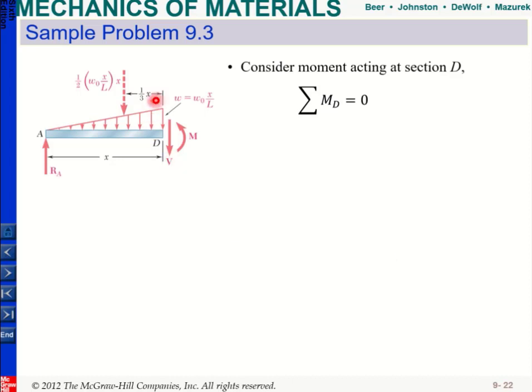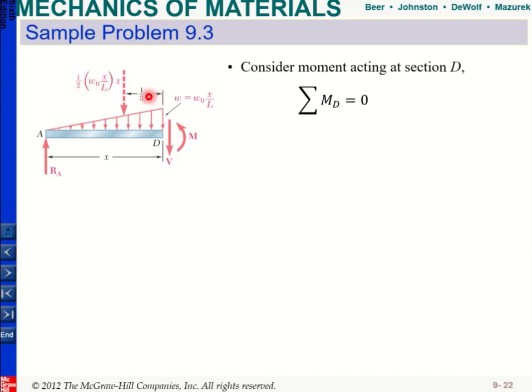If I cut it at an arbitrary x, I will get a shear force and a moment. Then you can find the equation of this line. It will be equal to W naught x over L. When x is equal to 0, it is equal to 0. When x is equal to L, it will be equal to W naught. So this is the equation of this line.